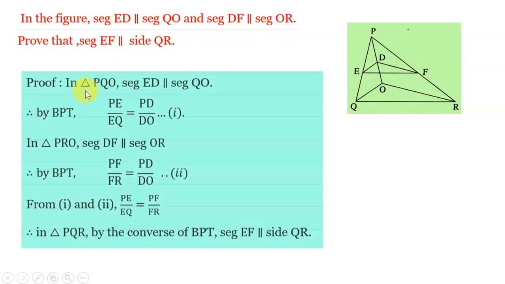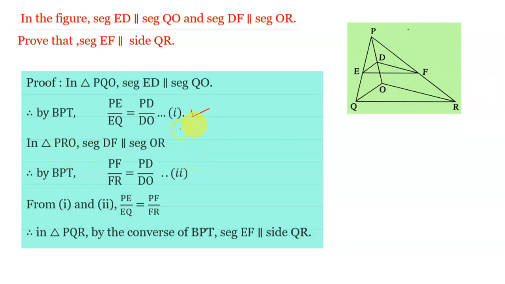In triangle POQ, what's happening? ED is parallel to QO and therefore by BPT, PE upon EQ is equal to PD upon DO. This is the first one. What about the second?